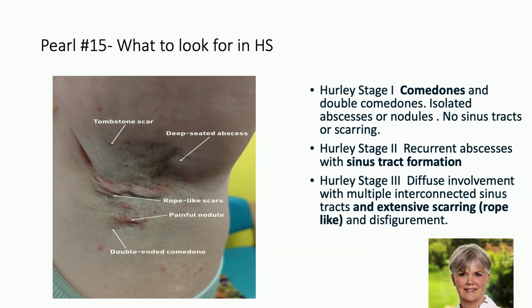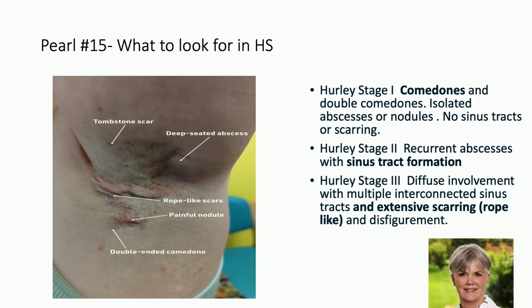So what are you looking for when you think a patient might have hidradenitis? Because Lord knows we all see people who have staph boils and folliculitis. Well, what are you looking for? You're looking for, first of all, blackheads or comedones or double comedones in these areas. People with infection don't get this. So it mimics acne, if you will, in these areas in its early stages.